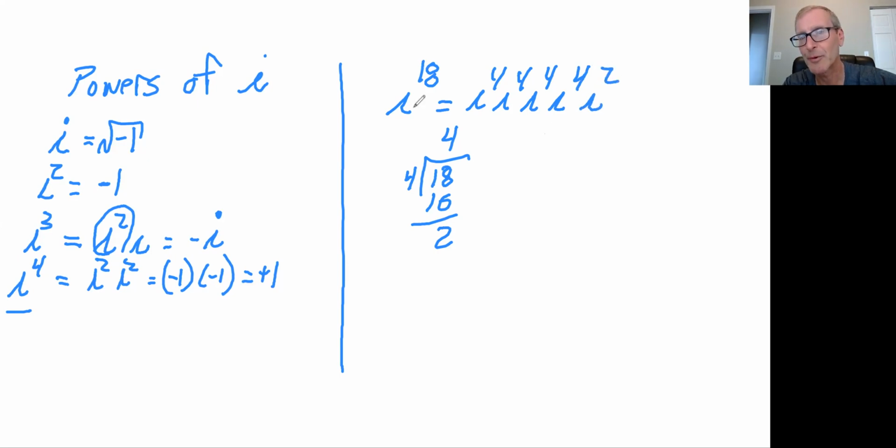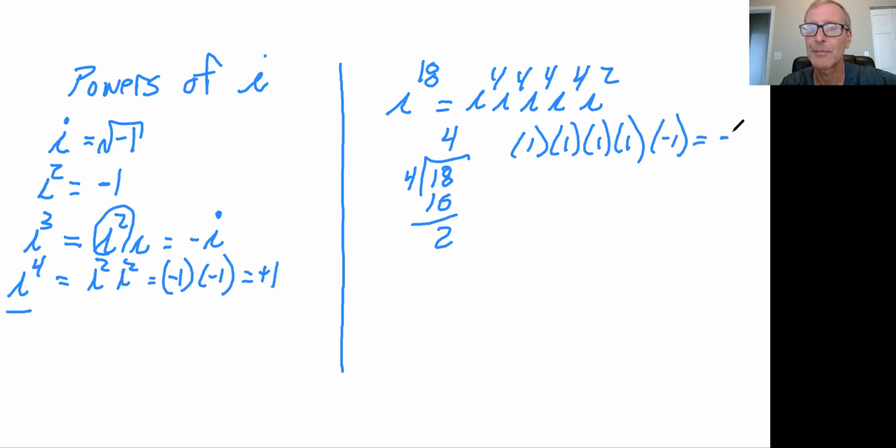And remember that when you multiply variables together with exponents and the variables are the same, you add all this up. So 4 plus 4 plus 4 plus 4 is 16, and 2 is 18. So if you see how that is, it's +1 4 times. And then i squared is -1. So this one would be -1.